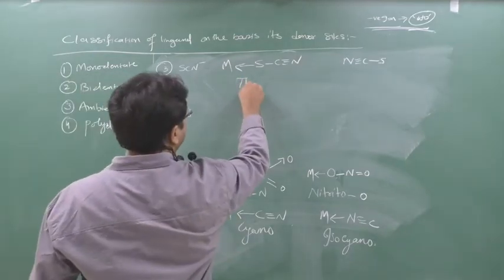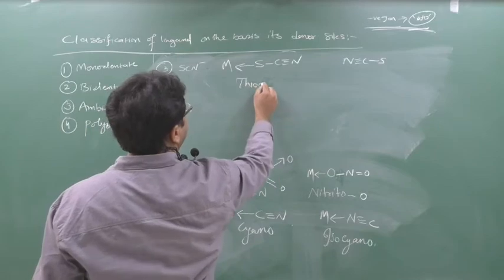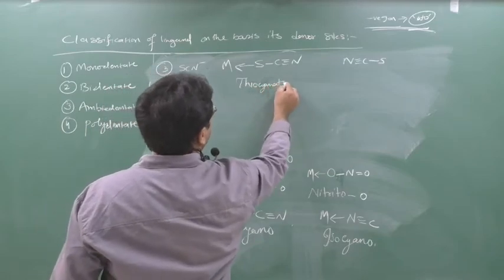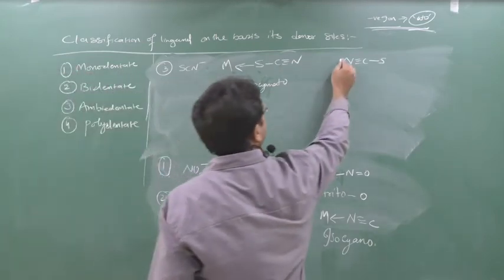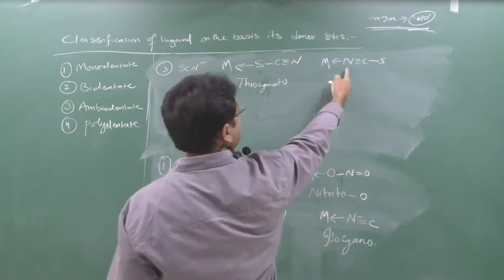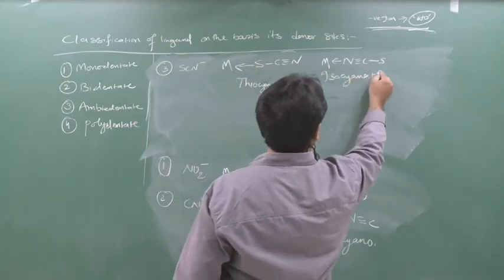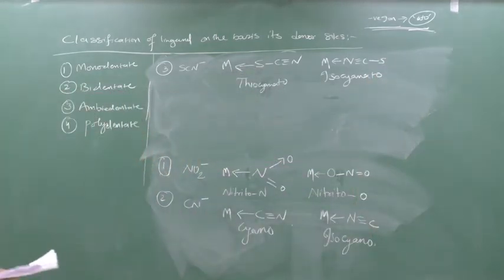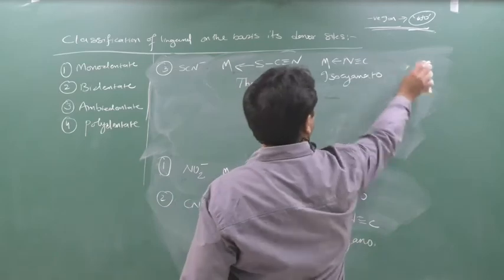This is an anion, no? So the suffix is ato: thiocyanato, because the bond is through sulfur. And if nitrogen donates to the metal, nitrogen means iso, so isocyanato. Sorry, isothiocyanato.